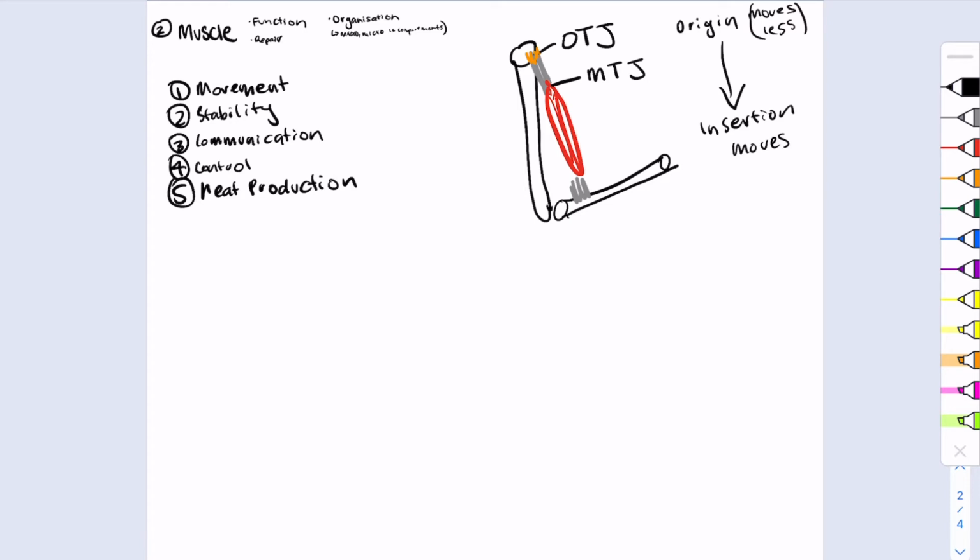So if you were to flex your arm, your forearm would move, but the top of your arm wouldn't move. So that's why the bottom part would be the insertion. This would be the origin, because when you flex, this one moves the most, but this joint kind of stays still. So it's origin and insertion.